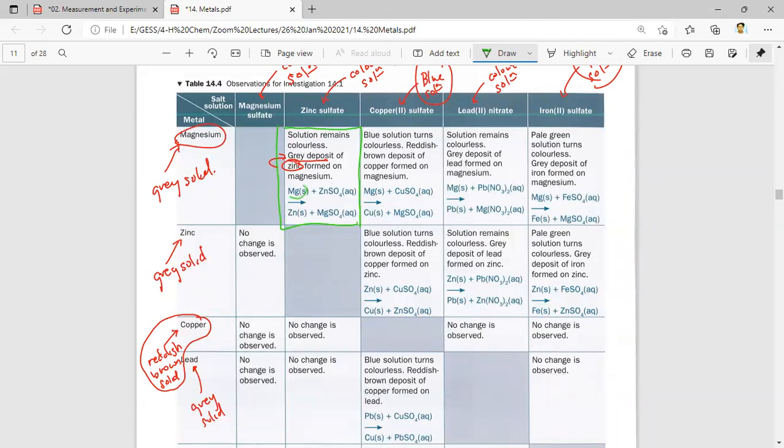What I have is magnesium reacting with zinc sulfate. From my metal reactivity series, magnesium is more reactive than zinc. That's why zinc is being displaced. So I can use the reactivity series to predict whether displacement is going to occur.